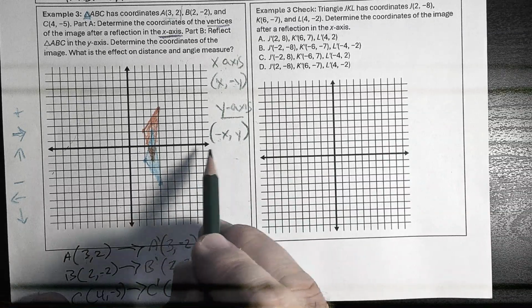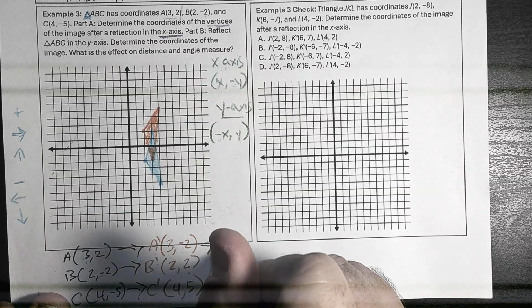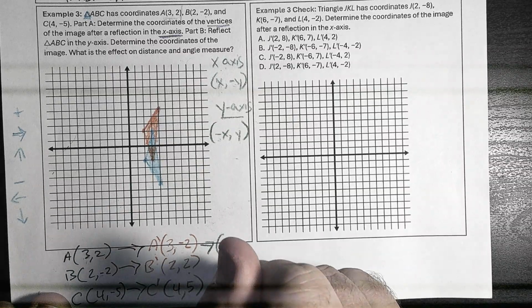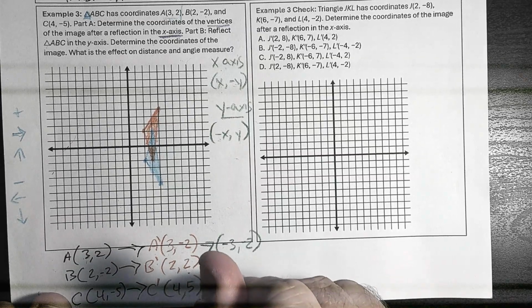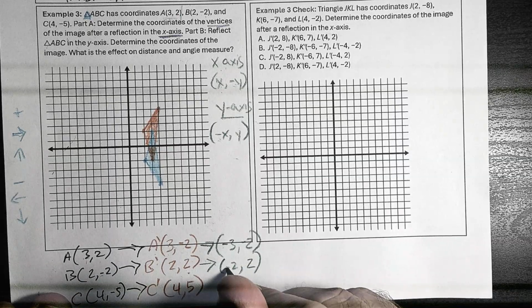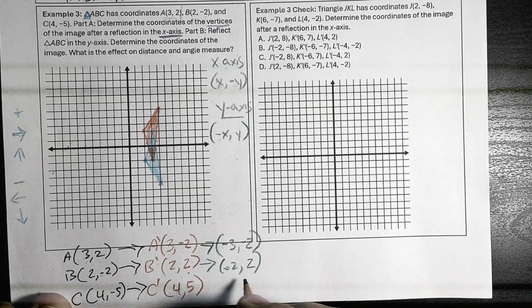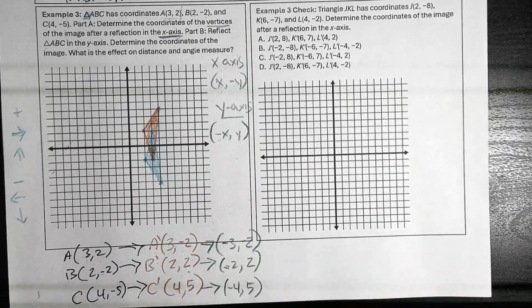So 3 becomes -3, and then the -2 stays the same. 2 becomes -2, the back 2 stays the same, because it's -x comma y. All right, then in here, 4 becomes -4. 5 is y, it stays the same.